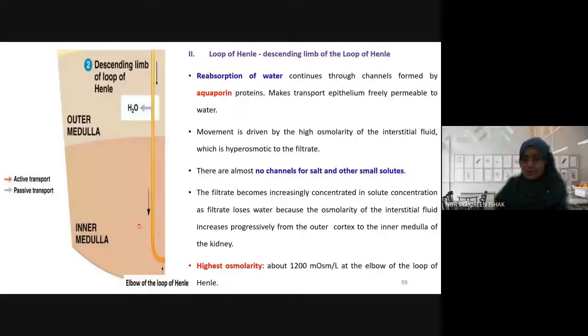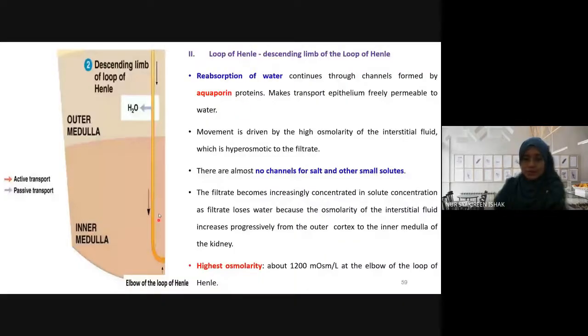There is almost no channel for salt and other small solutes. Almost no channels for sodium chloride or other solutes to move out of the filtrate. Only water will move out due to the presence of aquaporin along the transport epithelium along the descending limb of the loop of Henle.